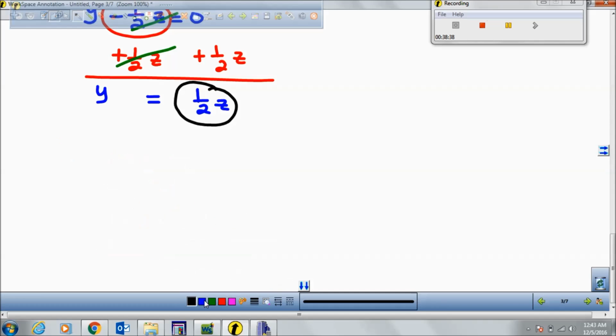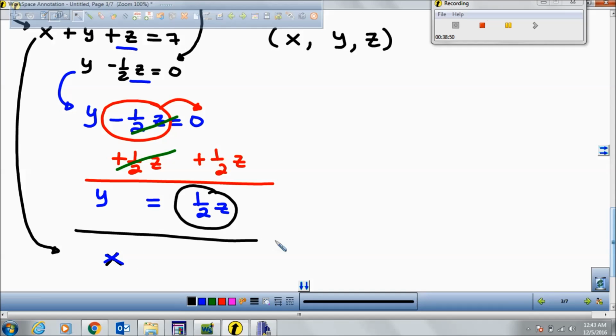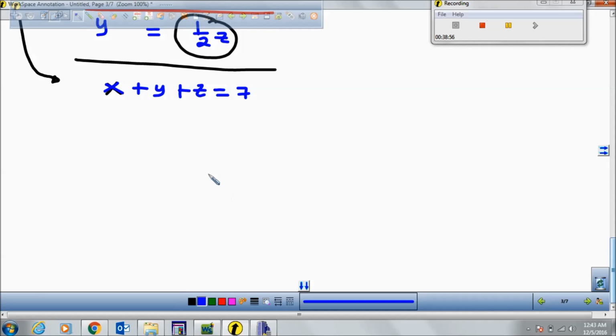So now we're going to take the first equation and substitute 1/2 z into the y, because we are seeing here that y is equal to this.